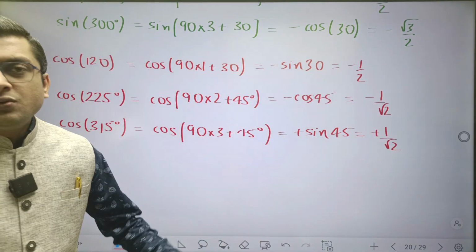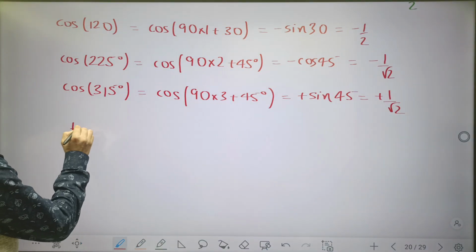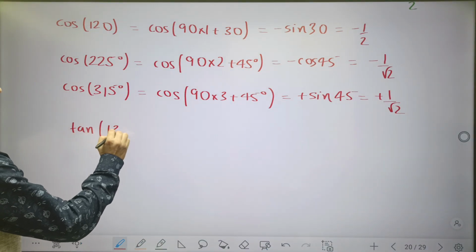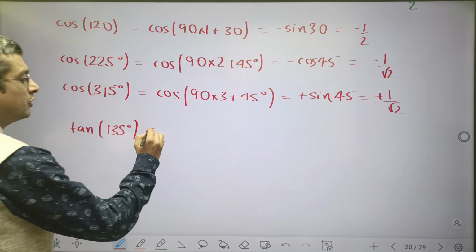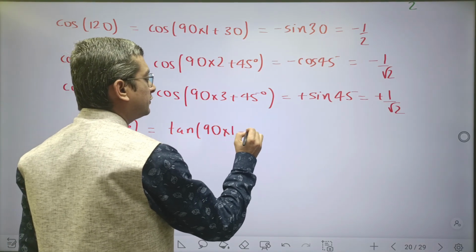So in this way you can find many more values. You can also find, for example, tan 135 degrees. This can be written as 90 into 1 plus 45.